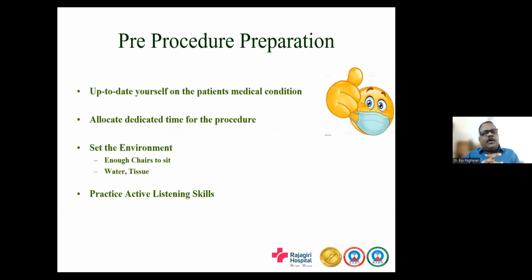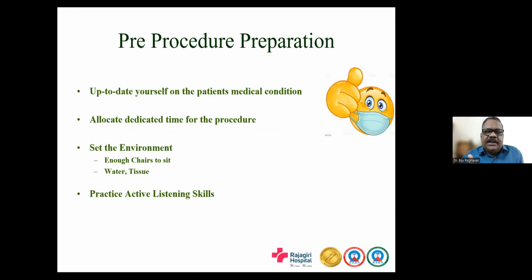So how do we go about it? Like any procedure, we have to do a pre-procedure preparation. Update yourself on the medical condition. And remember, as much as possible, communicating bad news should be treated as an elective procedure. I'm not saying that every time it may be possible.